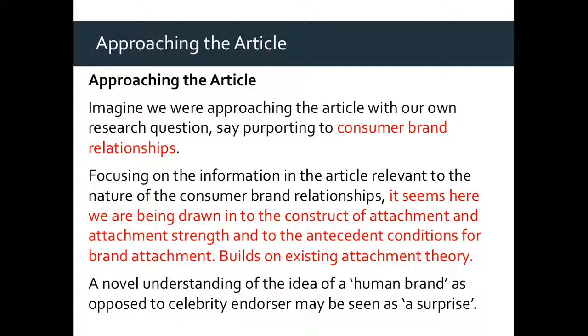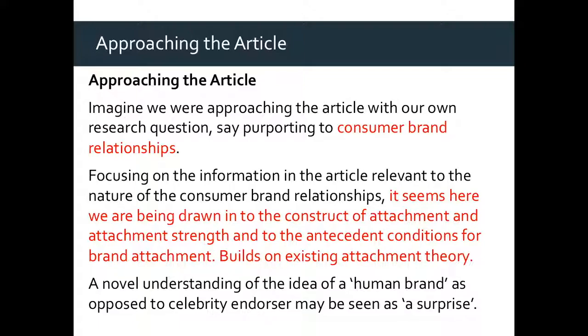If we're thinking about our own research, we must think about what we're trying to achieve when we read and analyse a paper. What do we notice? It seems that we're being drawn in to the construct of attachment, and indeed attachment strength, remembering, of course, that attachment is different from attachment strength.